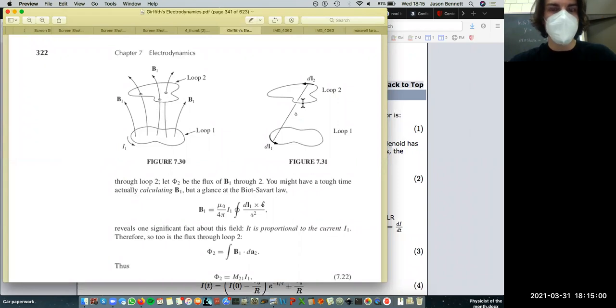And so what happens is it's very similar to Newton's law, where if a force from one object acts on another object, the opposite force is equal and opposite to balance it out, so that the sum of the forces equals 0. This is a very similar effect where a magnetic field from loop 2 will be created to balance, because there's no current going through loop 2.